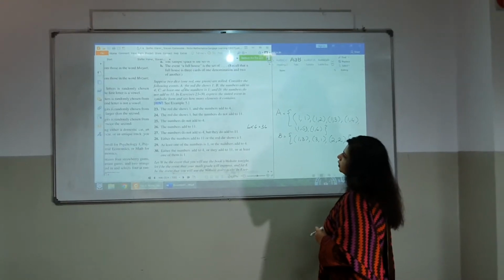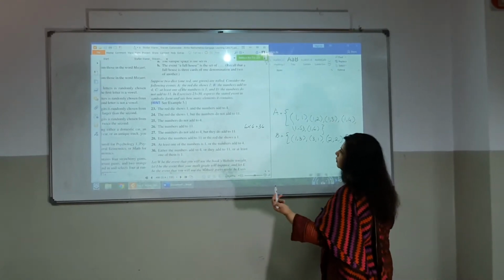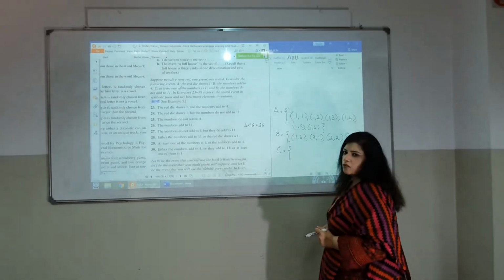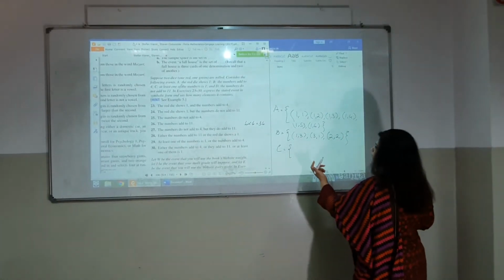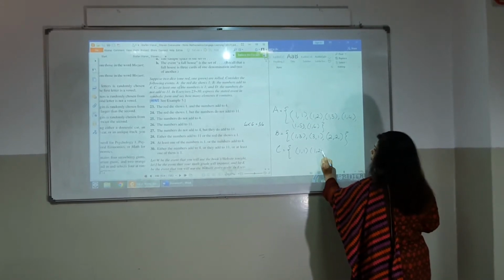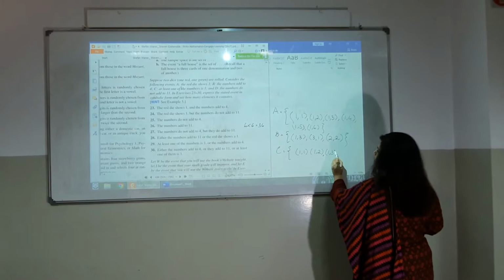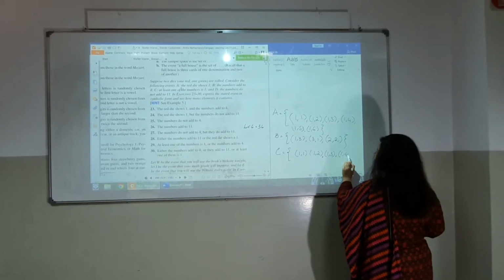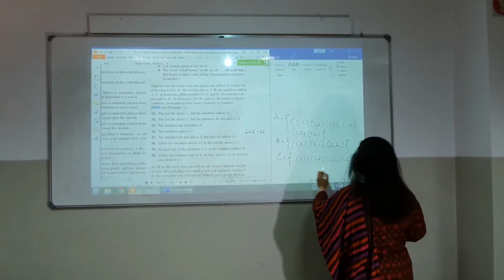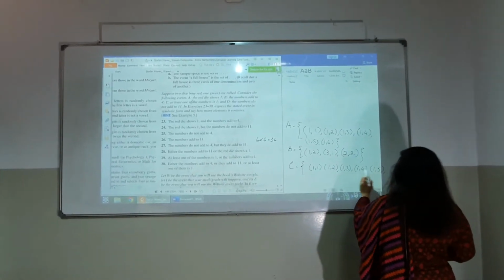Now let's just move on to the third one, which is C. At least one of the numbers is 1. So C says at least one of the numbers is 1. So again, as you can see, it says 1,1, 1,2, 1,3, 1,4, 1,5, then 1,6.